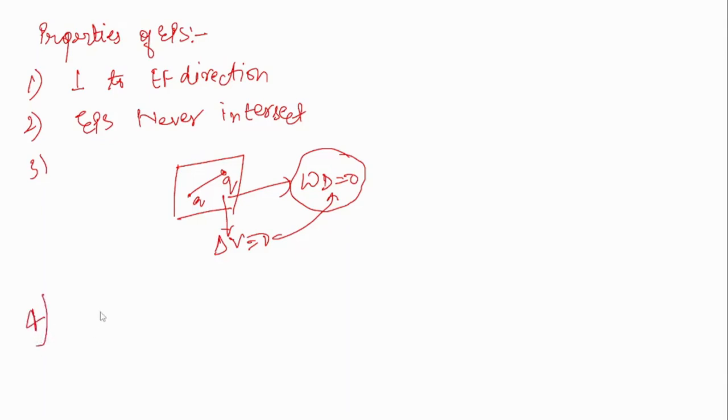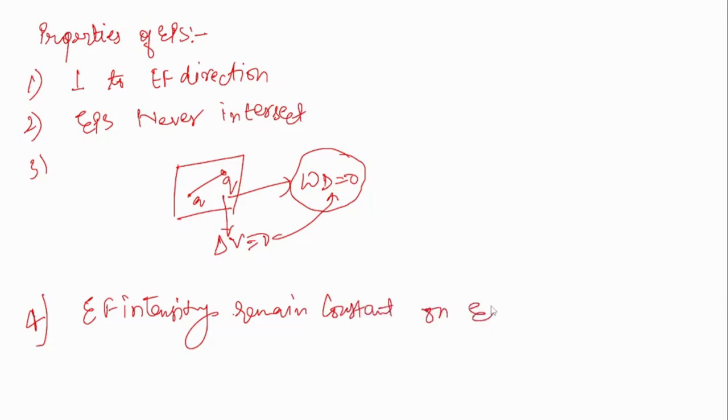The fourth point, you can note that electric field intensity remains constant on an equipotential surface. Means consider this as a sphere and point charge q is placed here.